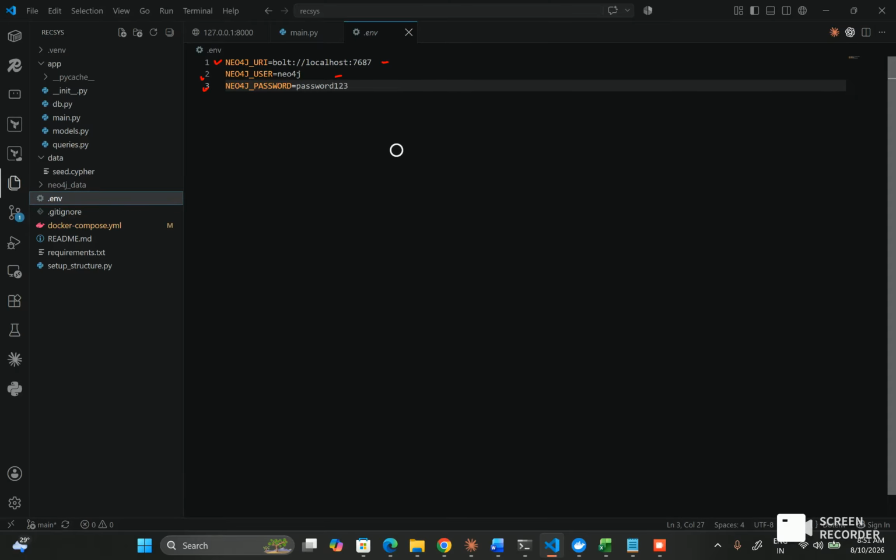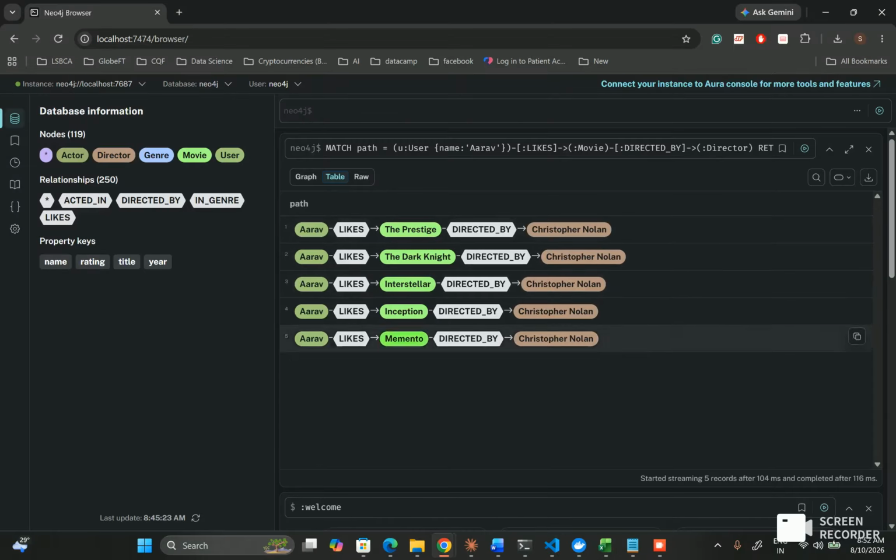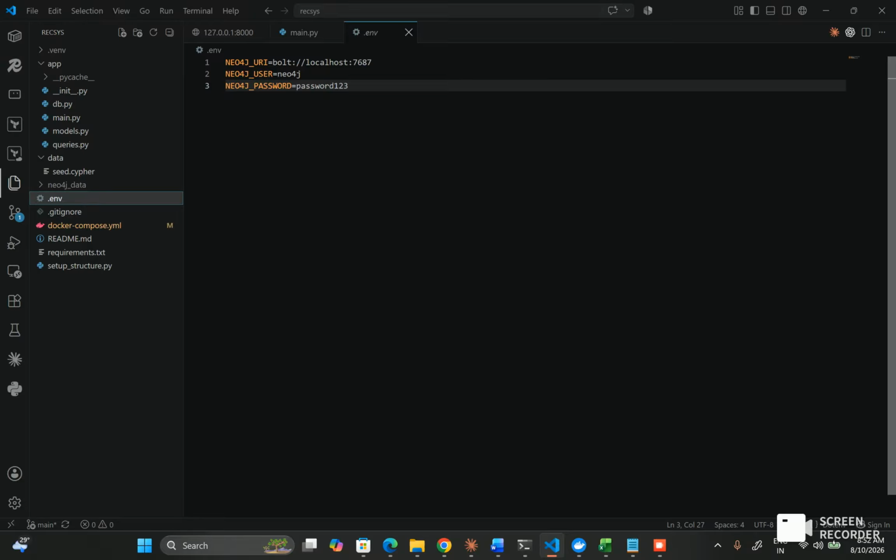The username is fixed, since Community Edition only ever has one account, always called neo4j, which I showed you when we logged in. And the password is the one value I actually chose myself. Now, this .env file only describes the connection. It doesn't actually start anything. But the next file is what does.